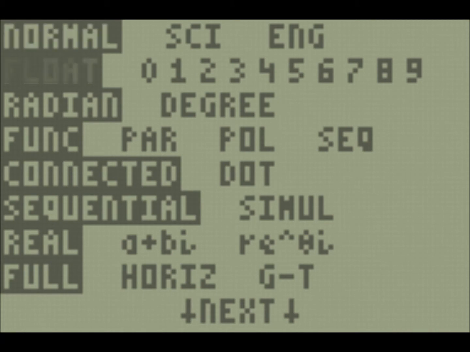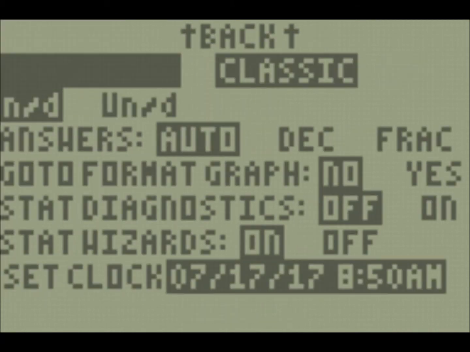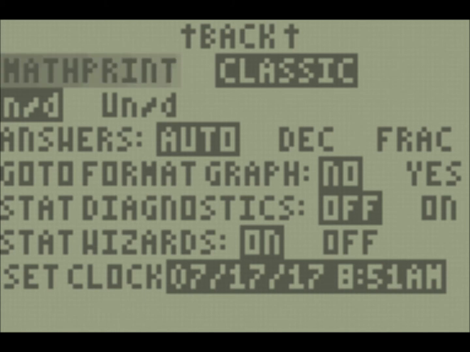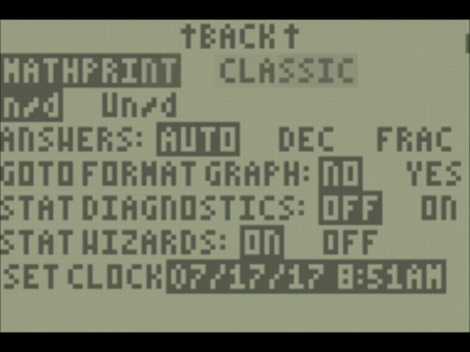Now if you scroll to the second page, the first item on the second page allows you to select between classic and math print mode. This is what affects how the absolute value operator looks. So if we switch to math print mode, which is actually the default, and I'm guessing it's what most of you are using, and then we retype our absolute value, we get the vertical bars that I was describing.